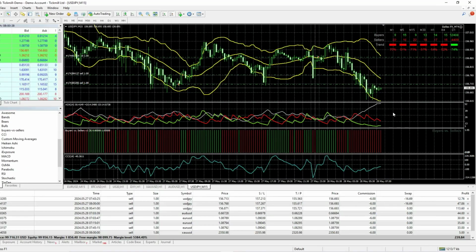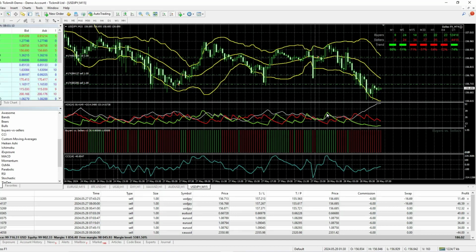But in short, what you're looking for is the ADX to be 25 or higher. 25 or higher represents a strong trend. Okay, so currently we see the ADX is at 50. So that's extremely strong, right? And the red line is the minus DI line, which represents a bearish trend.